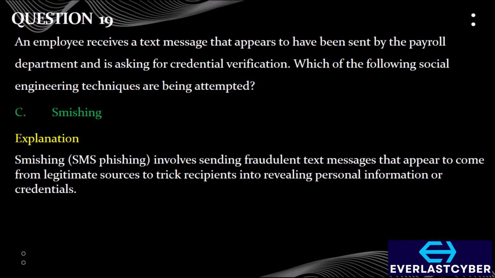Vishing is voice phishing, where the hacker calls the victim on the phone and requests personal information or credentials by posing as a legitimate, maybe vendor or IT personnel. So don't confuse the two of them. Vishing is voice phishing, while smishing is SMS or text message phishing.